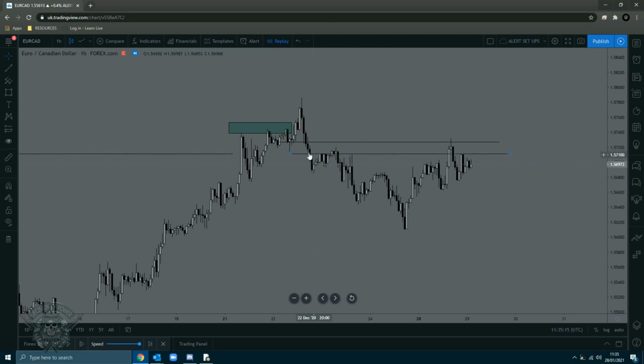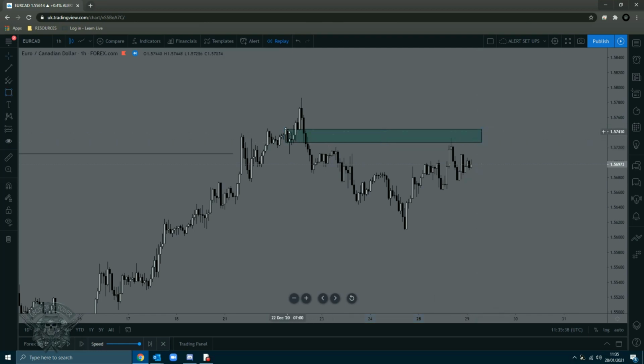Then we were looking for this down candle here that caused the move up. We're looking for a retest of the body of that candle. If I just remove this bit of the drawing, I'm going to draw a box around that body, and that would be where we'd be looking to take a position.